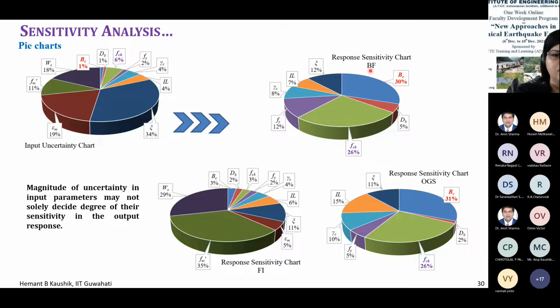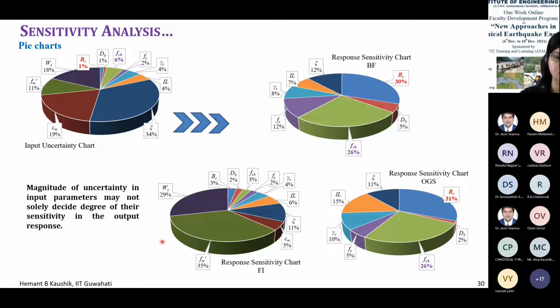This is very important. Similarly, in the open ground story frame, you have 30%, 31% variation, which is the maximum variation. In FCK, because of a change which is only 6% variation, we get 26% variation in the output in bare frame and OGS frame.